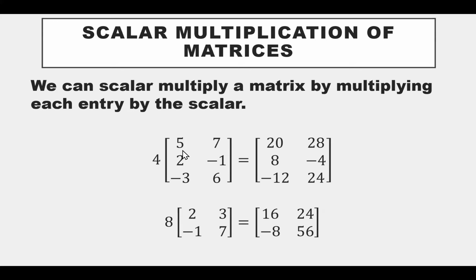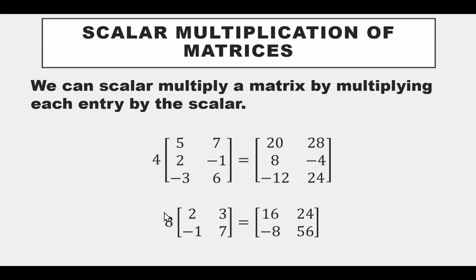So 4 times 5 gives me 20. 4 times 7 gives me 28. 4 times 2 gives me 8. 4 by -1 gives me -4. 4 by -3 gives me -12. And 4 times 6 gives me 24.